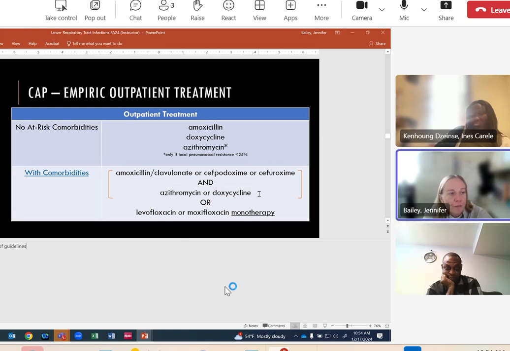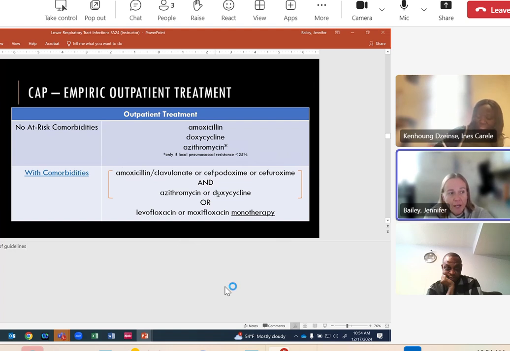Remember that if you use a beta-lactam, beta-lactams never cover atypical bacteria. There are no beta-lactams that cover atypical bacteria, but we know that a lot of atypical bacteria cause community-acquired pneumonia.